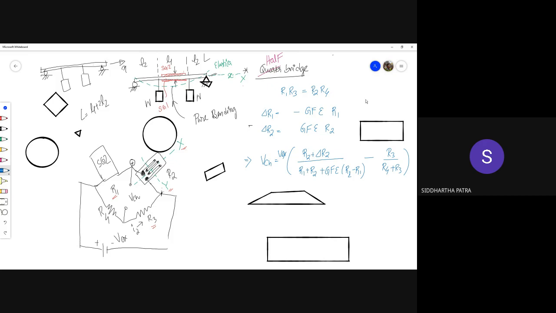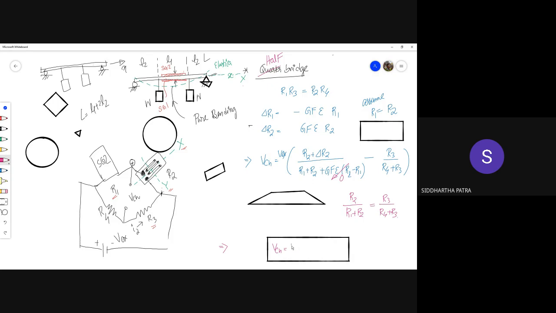Again, assume R1 equals R2, which basically means this goes to 0, and the final expression for VCH is, you see R2 divided by R1 plus R2 equals actually R3 divided by R4 plus R3. So simply subtract that portion.